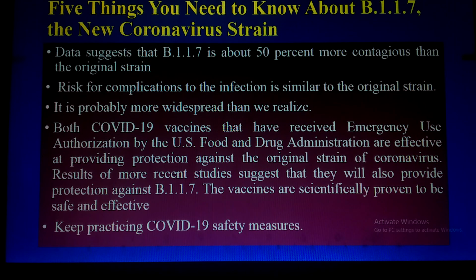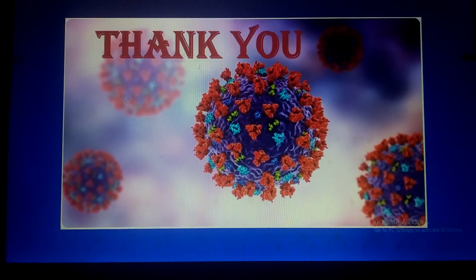Results of more recent studies suggest that they will also provide protection against B117. The vaccines are scientifically proven to be safe and effective. Keep practicing COVID-19 safety measures like wearing a mask, washing hands, and keeping a distance of about 6 feet, and many more.